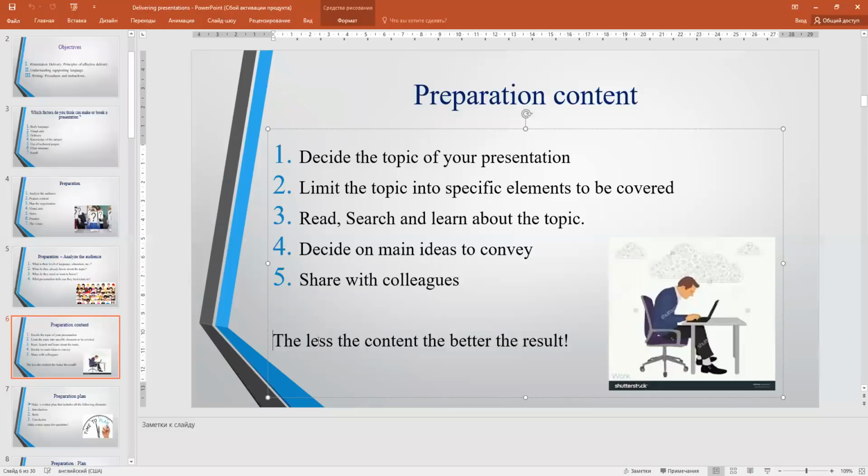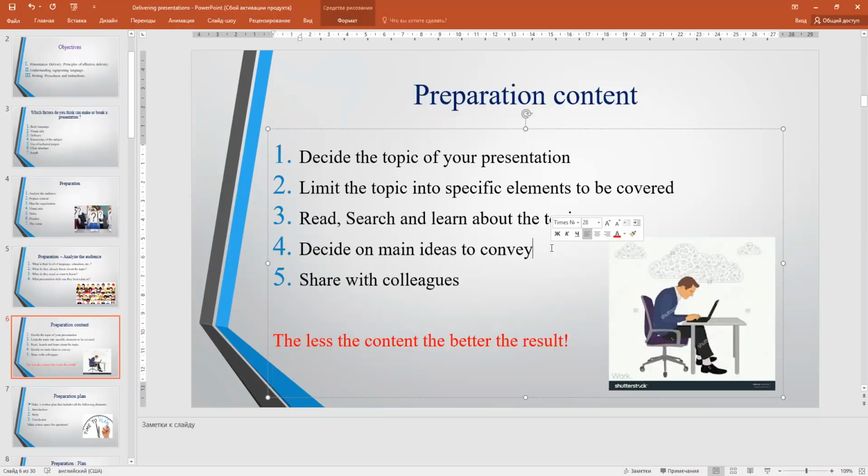And here's a golden rule when you are preparing a presentation. The less the content, the better the results. It means you shouldn't include lengthy and word-rich sentences in your presentation.